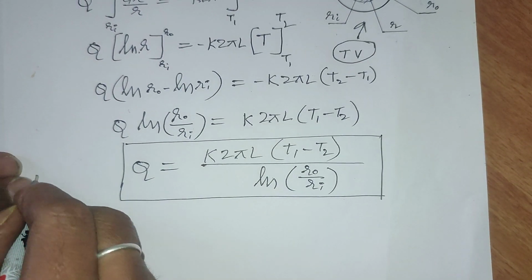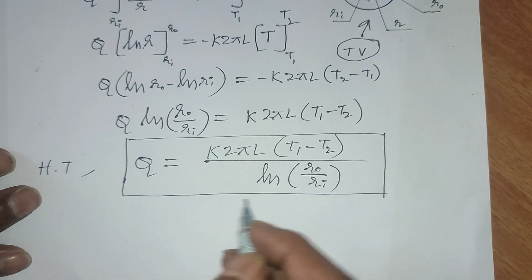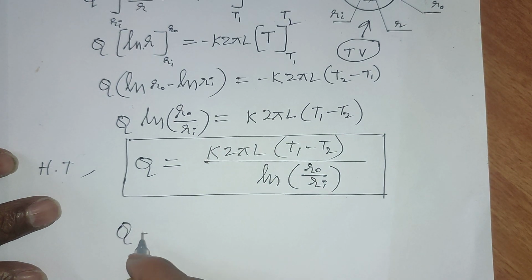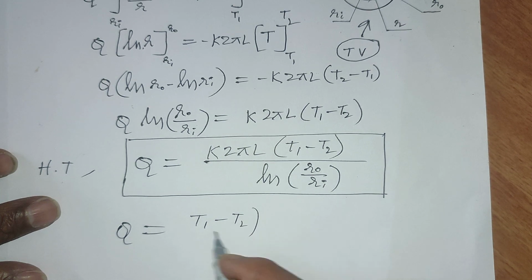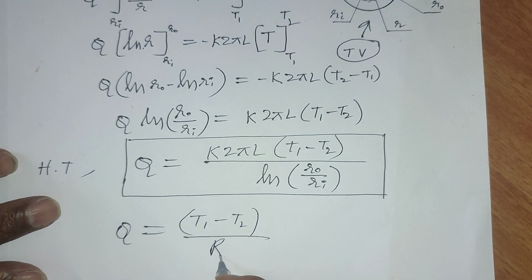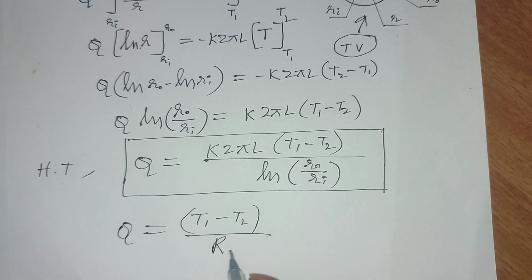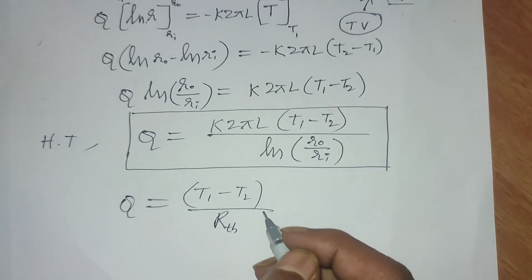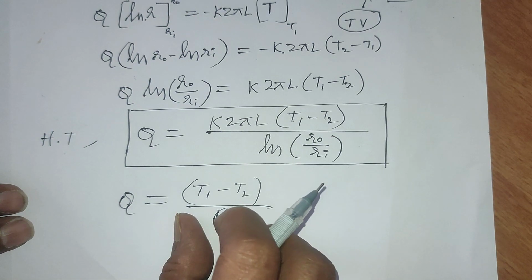Then, for the thermal resistance, Q is equivalent to T1 minus T2 divided by the thermal resistance, that is R_th.